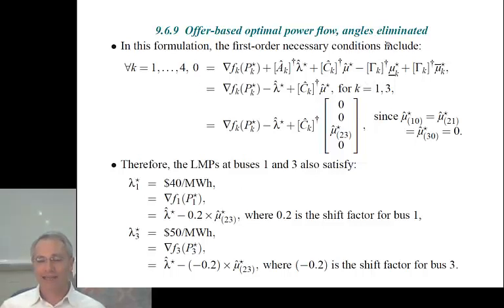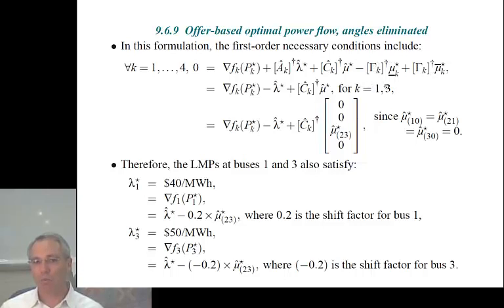If we now consider the angles eliminated version, and the reason why I'm doing this is because it's convenient to extract some more of the Lagrange multipliers, what we can see in the angles eliminated version is that we have A hat k being equal to -1 for each generator, so that this term becomes minus lambda hat star. Again, as in the 2-bus case, we've got some shift factor related terms multiplying in to the vector of Lagrange multipliers on the system inequality constraints.